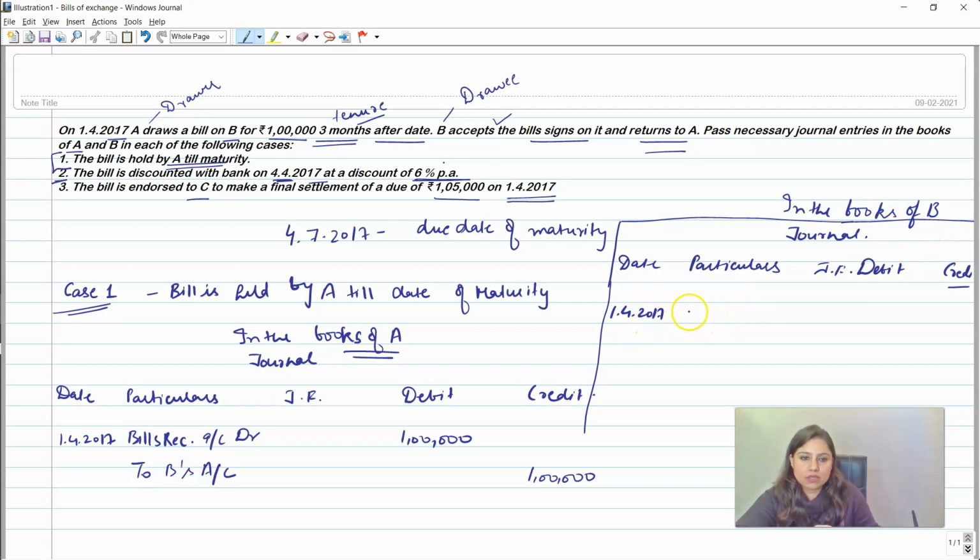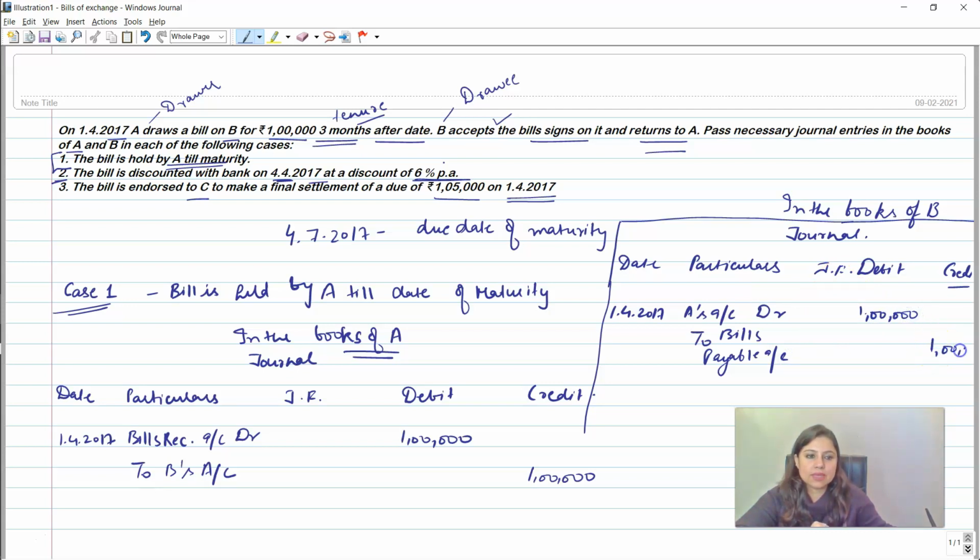So drawer's account, A's account, would be debited to bills payable account, with the amount 1 lakh.